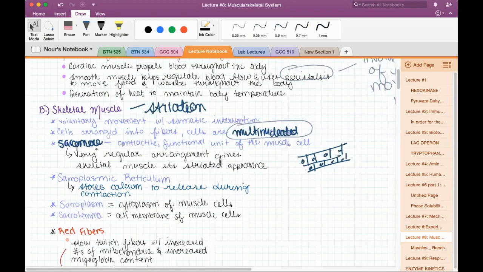It's not going to be going through rhythmic motion like you would for cardiac muscle, because cardiac muscle is controlled by the brain, right? Or rather, the brain stem.